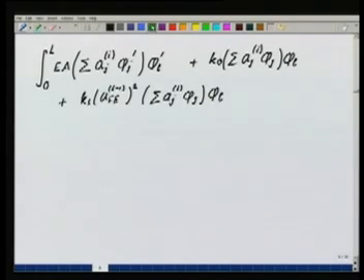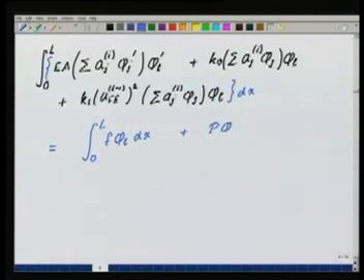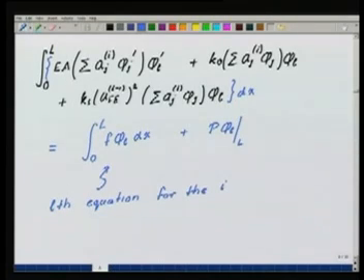Okay. This is equal to integral from 0 to L of f phi_L dx plus P phi_L at x equal to L. Okay. So this is the nth equation for the ith iteration.